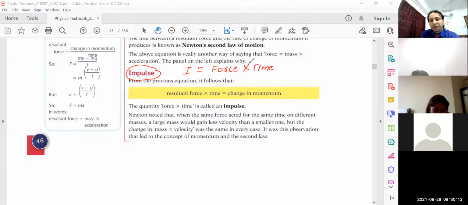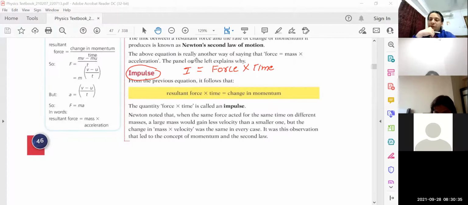And basically, what is impulse actually? Impulse is when a force acts on any object for a very, very short interval of time. That is called impulse, impulsive forces. Listen again, children.